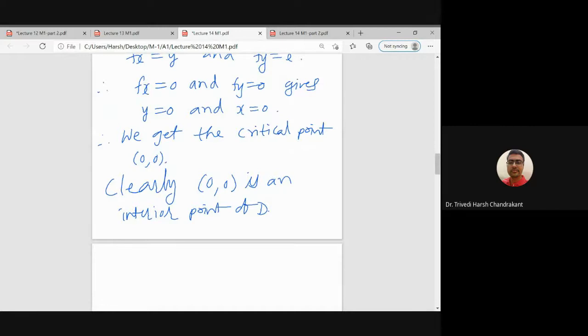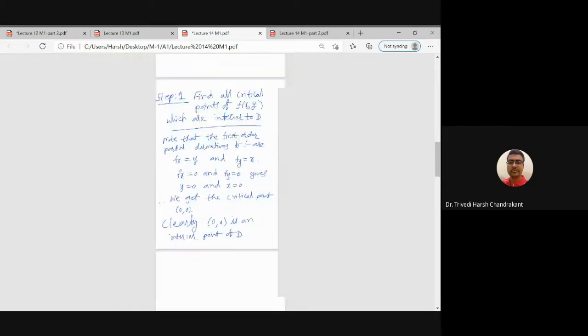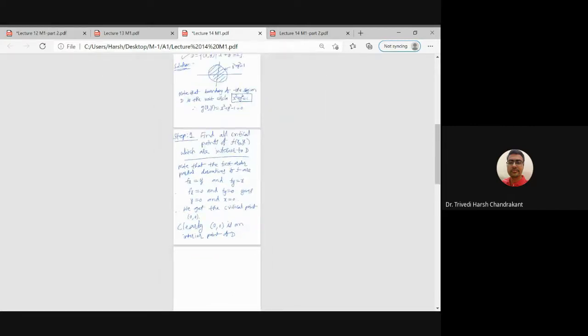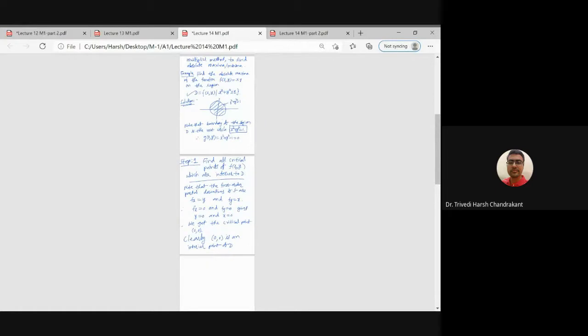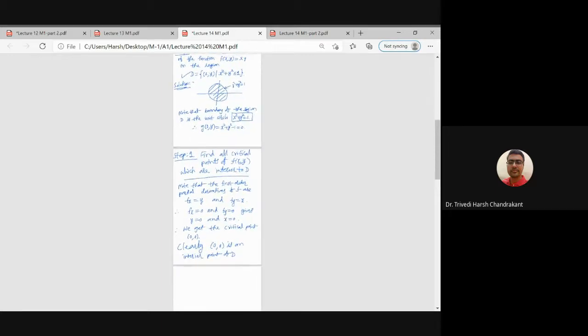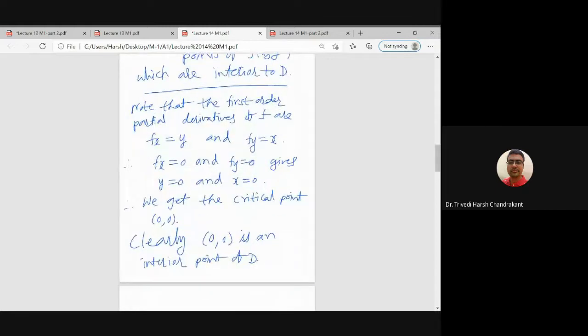So that means our first step is over. What was the first step? The first step was finding all the critical points of the function which are interior to the given region. We got one point which is interior to the given region. So let us now apply the second step.